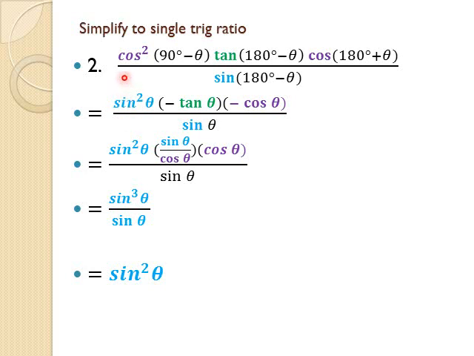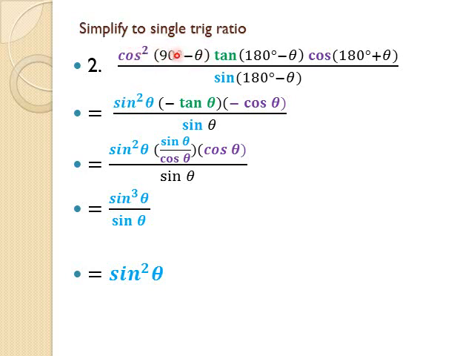Look at problem number 2. Cos squared of 90 minus theta, tan of 180 minus theta, over cos of 180 plus theta, sine of 180 minus theta. Right? So 90 minus, first quadrant, but 90 changes cos to sine.